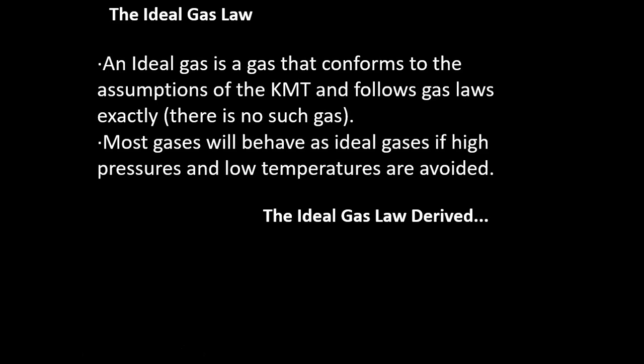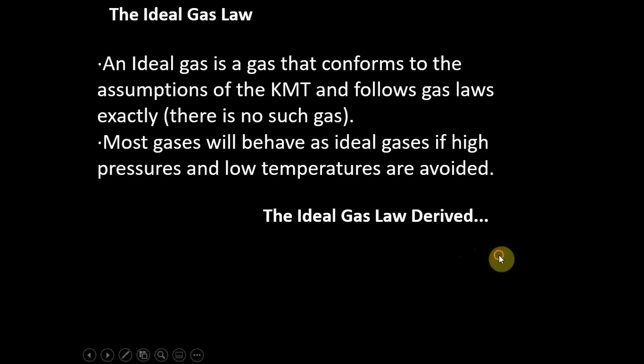Now, in reality, there really is no such gas. However, what we find is that most gases behave as ideal gases, or at least to a fairly strong extent, if high pressures and low temperatures are avoided.